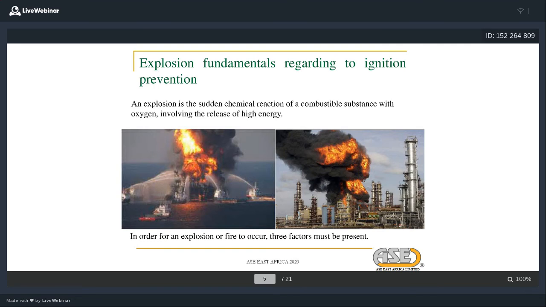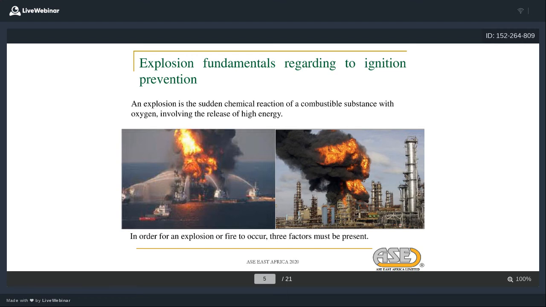After knowing these explosive areas, or where this material can be found, now let's see the explosion or fire. Explosion or fire is a sudden chemical reaction of a combustible substance with oxygen.